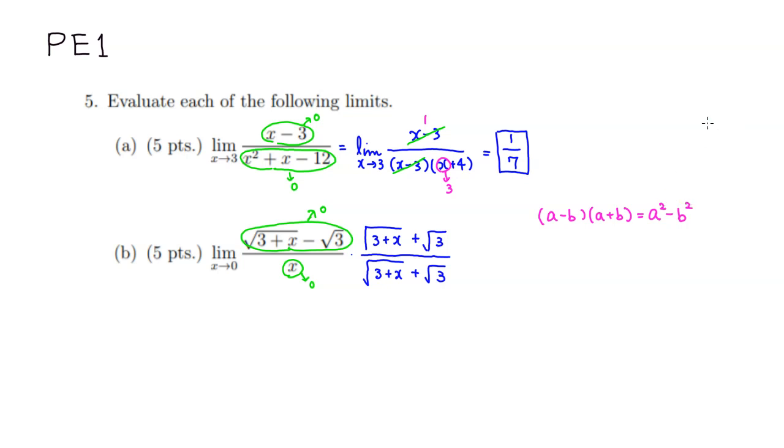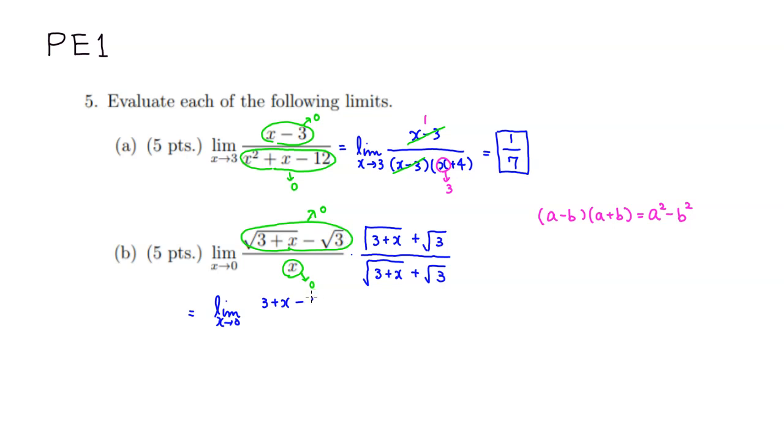We get to use that, and so this is going to be equal to, we still have a limit, so you have the limit as x approaches 0. Do not stop writing limit until you finish evaluating the limit. Then if you multiply out, a squared would be 3 plus x, minus b squared, where b is the square root of 3.